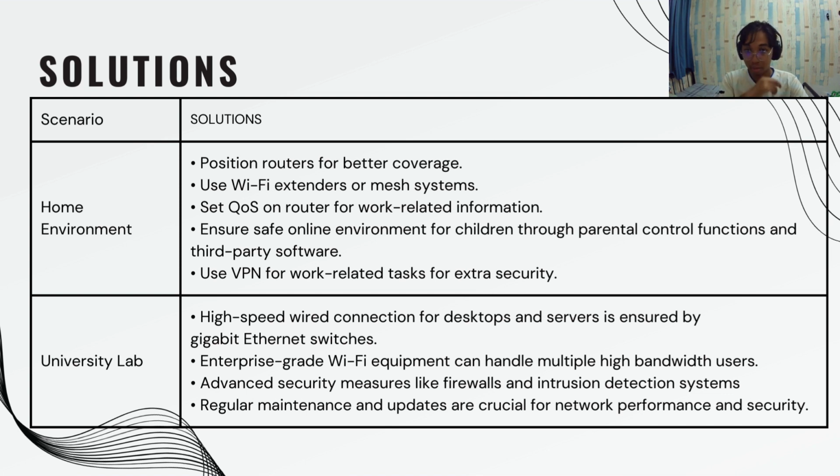As I said before, university lab have a mix of wired and wireless device. So enterprise grade Wi-Fi equipment is designed to handle a large number of simultaneous connection, providing a reliable wireless connectivity for devices like laptop, tablet, and other mobile device.